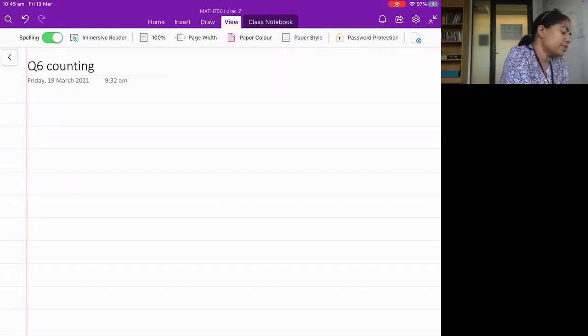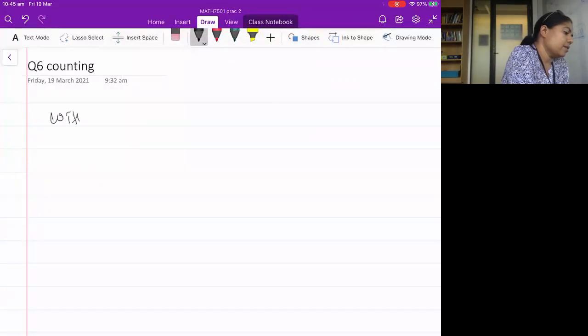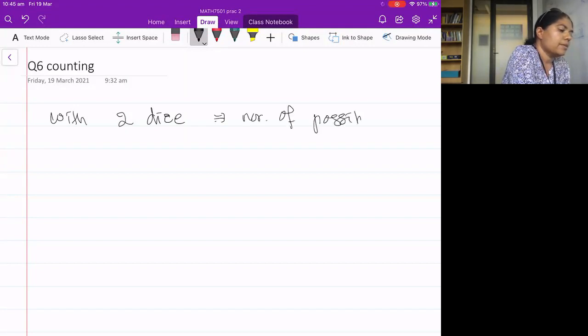Suppose you roll 2 dice. With 2 dice, the number of possible outcomes equals 6 to the power 2, 6 times 6, 36.